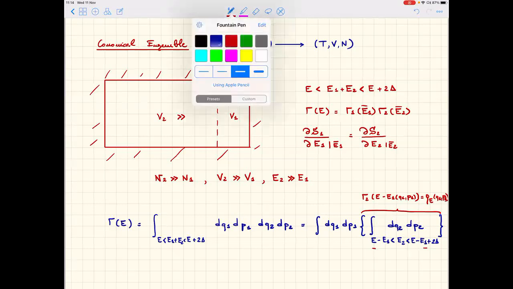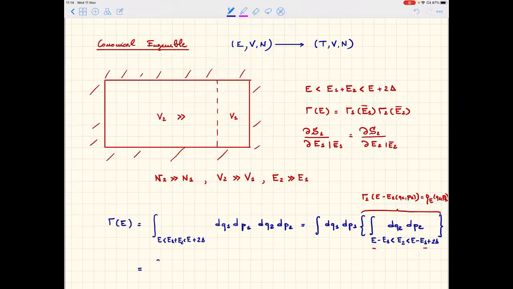Because essentially this tells me, if I rewrite it, that this is equal to the integral dQ1 dP1 rho of E, Q1, P1. And this rho of E essentially represents the density in phase space of points in the restricted phase space of system 1 that are consistent with the conditions of having the total energy constraint.